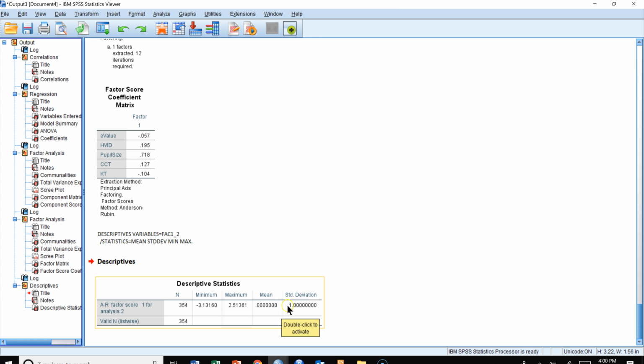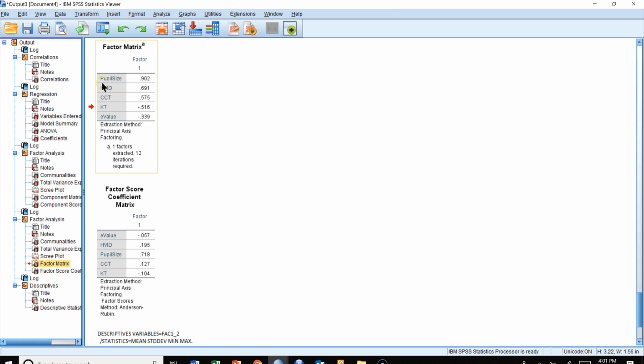That's the Anderson-Rubin. Now, what I like to do is bring the scale back to something meaningful, because this is now a scale where it goes from -3 to +2.5. In terms of the factor and its characteristics, what does that mean necessarily? Well, the scales are all different for our questions, but the one that is most significant is pupil size.